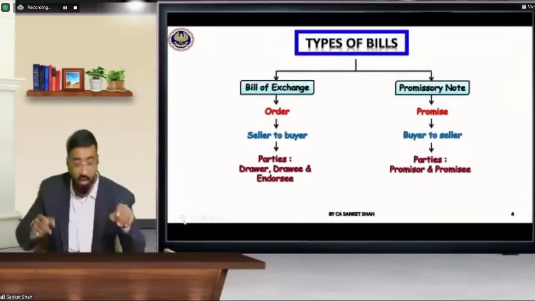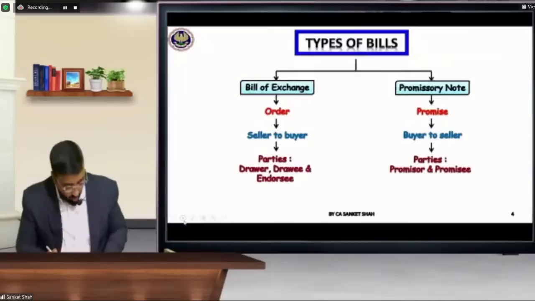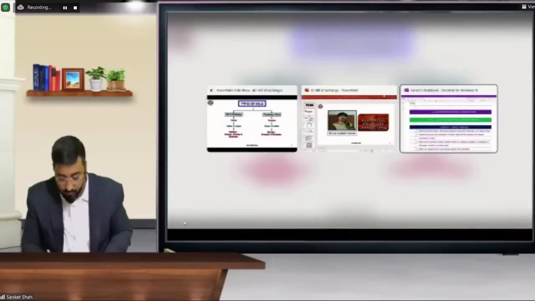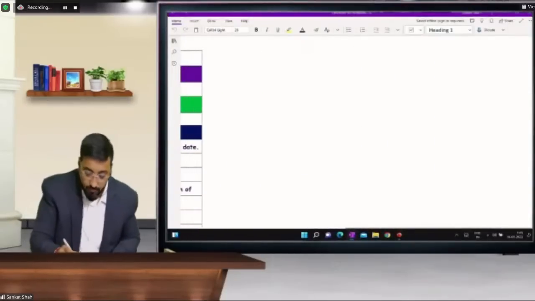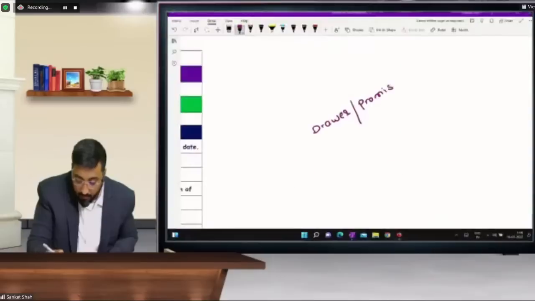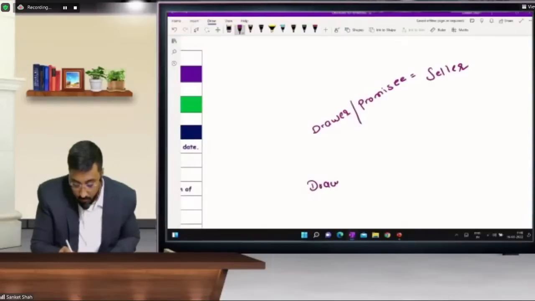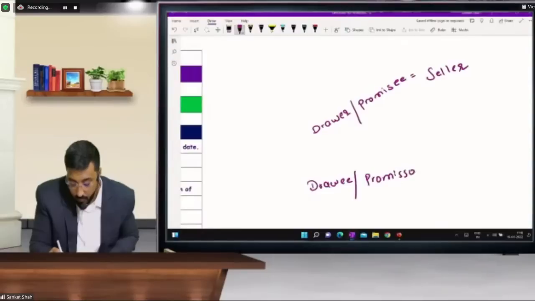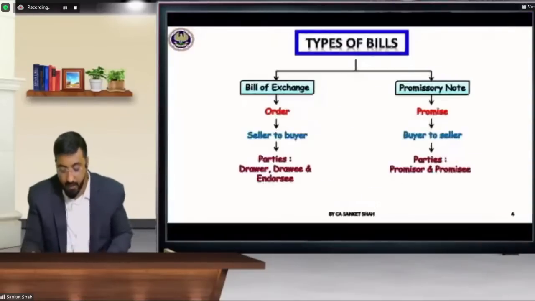Drawer seller हो जाएगा. Yes, चलो जल्दी से drawer कौन हो जाएगा in simple language? Drawer, and you can see here promisee will be seller. Drawee and promisor is a buyer.